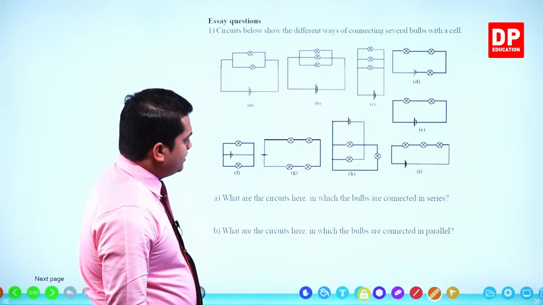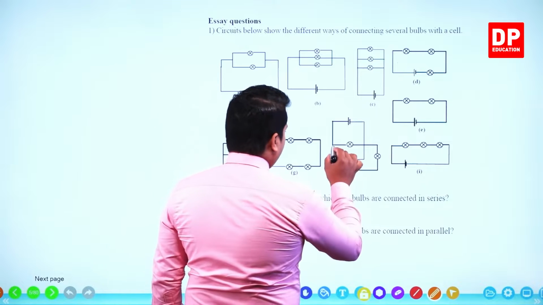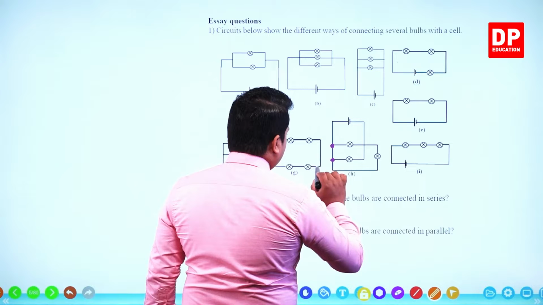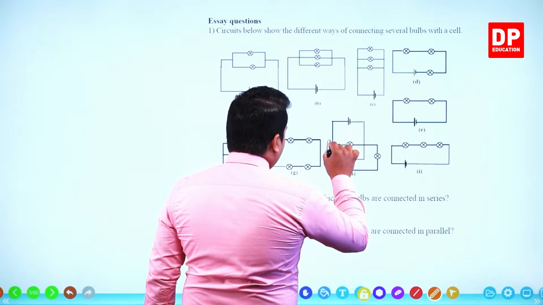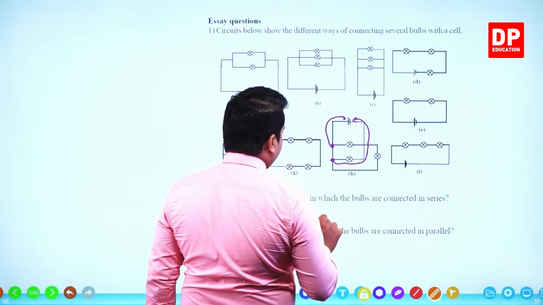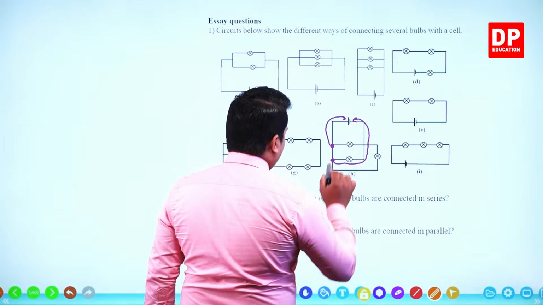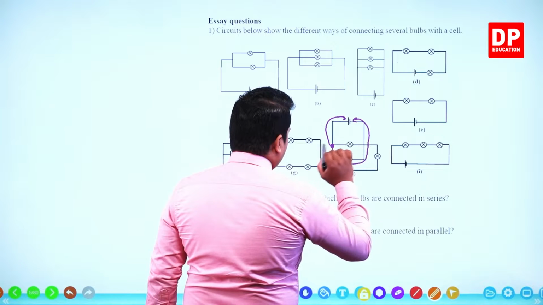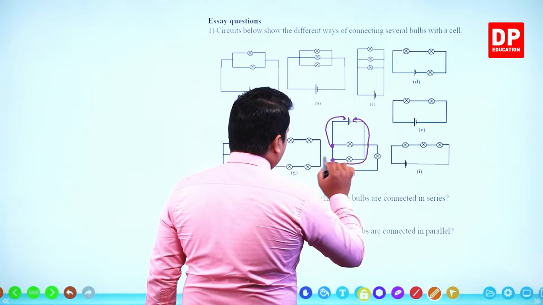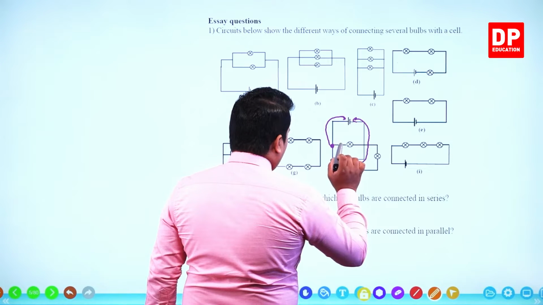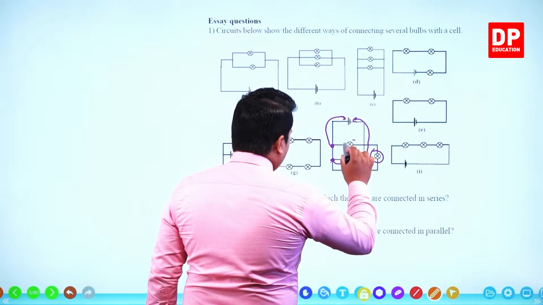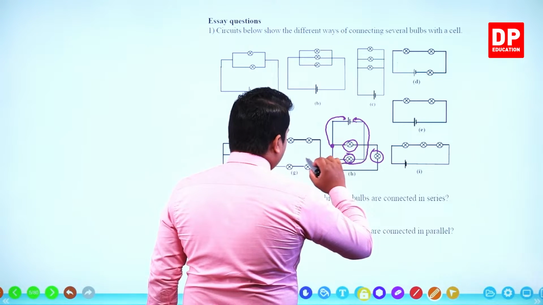How can you see that? See, these two terminals are connected directly to positive and directly to negative, right? And this terminal with this terminal, see, this one and this one are connected with this bulb, once again with this bulb as well.